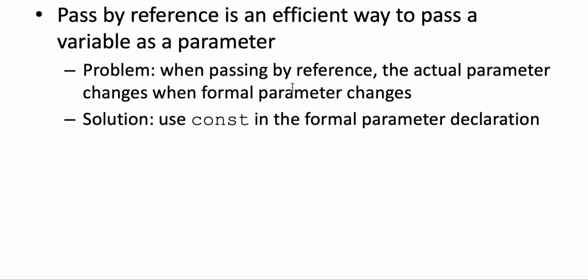Sometimes, however, you do not want the function to be able to change the value of the member variables. In C++, you can pass a variable by reference and still prevent the function from changing the value by using the keyword constant or const in the formal parameter declaration.